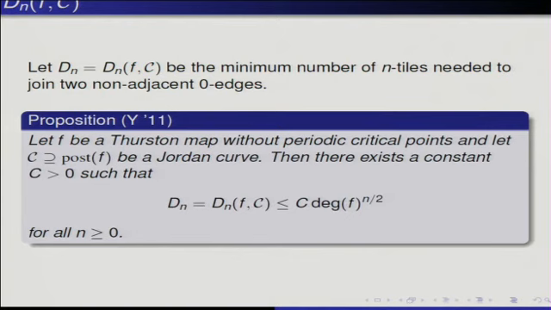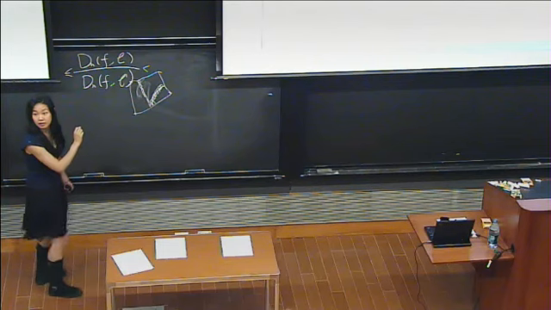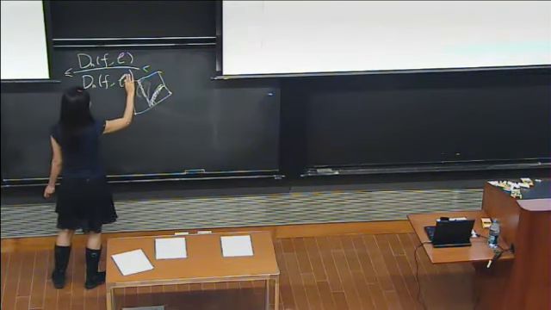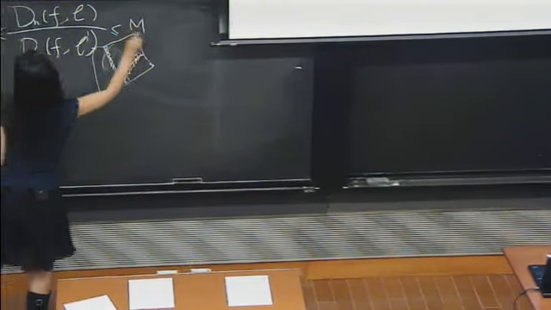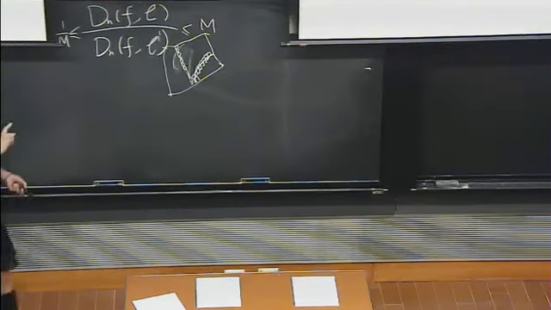Yes, the second C definitely depends on the Jordan curve C, but d_n has the following property: for the same f and different Jordan curves C, the ratio is bounded from above and from below. Which means the growth rate of d_n doesn't depend on the Jordan curve C you choose.